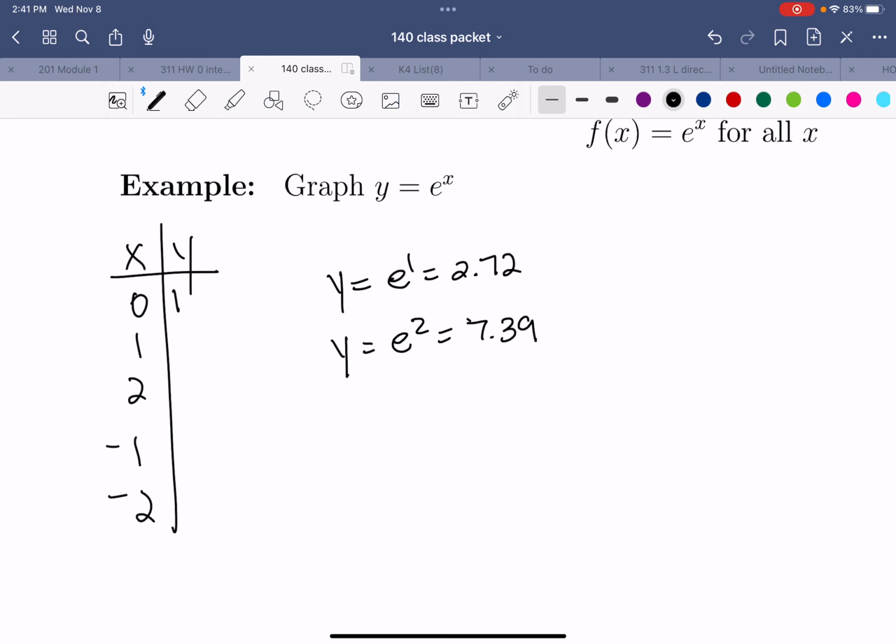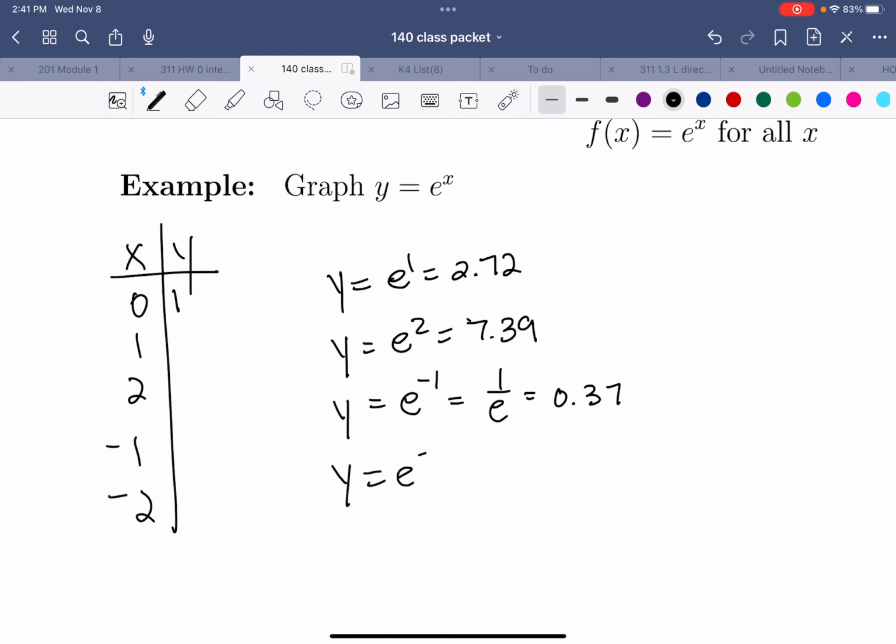From there, we're going to plug in our negative 1. e to the negative 1 is 1 over e. So if you divide 1 by 2.72, you get 0.37.